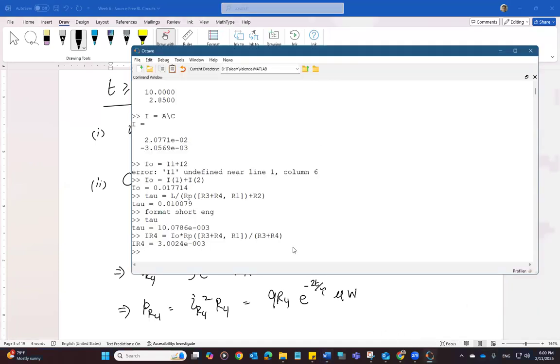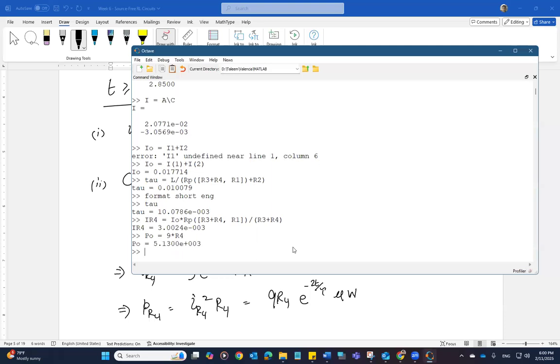Let's calculate the coefficient. So P naught is 9 times R4. Okay, so 5.13 exponent 3, and exponent negative 6, you're going to be left with exponent negative 3.